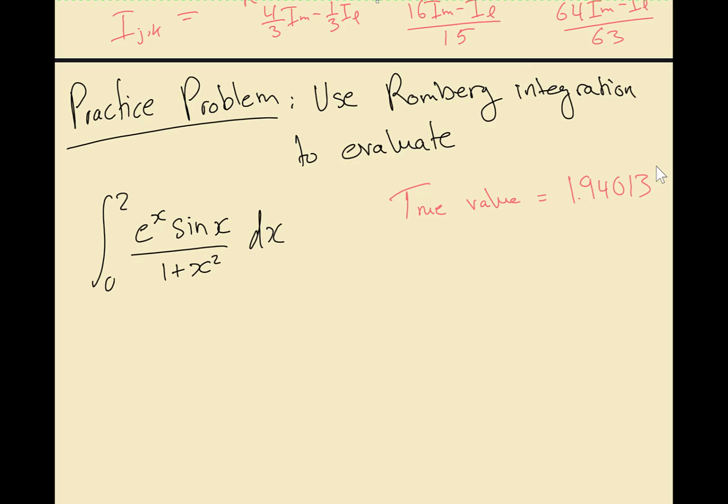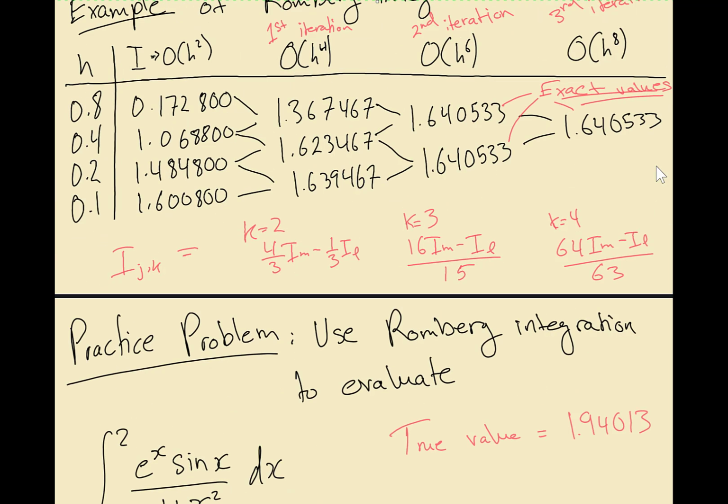And I want you to do up to the second iteration. If you're doing up to second iteration, you need 3 points, because you want to get to this. So that means you need at least 3 points.